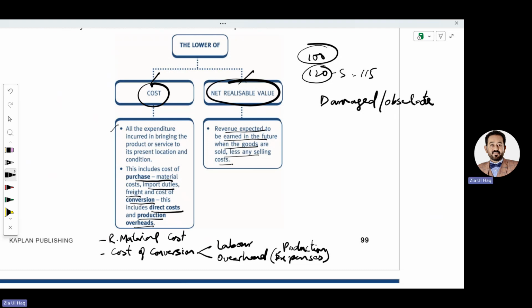For obsolete, damaged, out of fashion items, NRV is lower than cost. For normal items, cost is lower than NRV. But for obsolete, damaged units, NRV is lower than cost. So we should record closing inventory on NRV basis, especially for obsolete, damaged units. Is it fine?